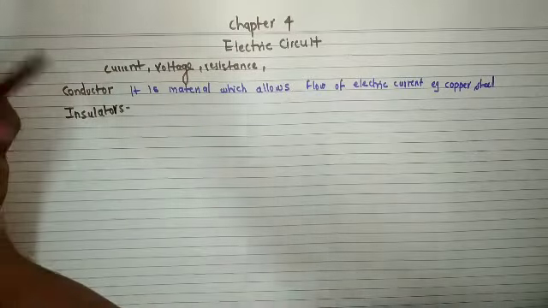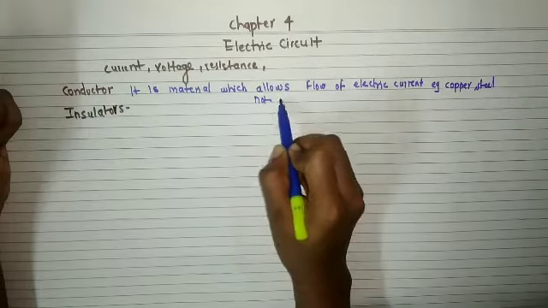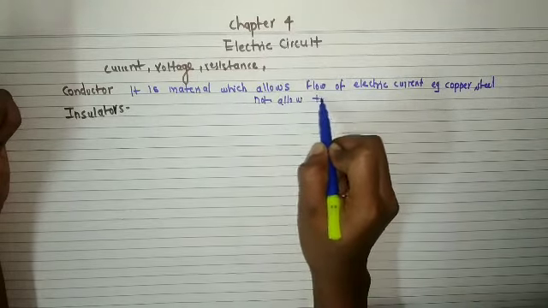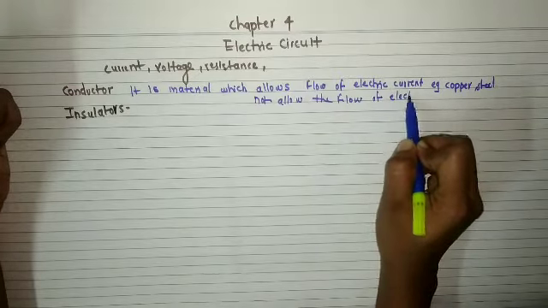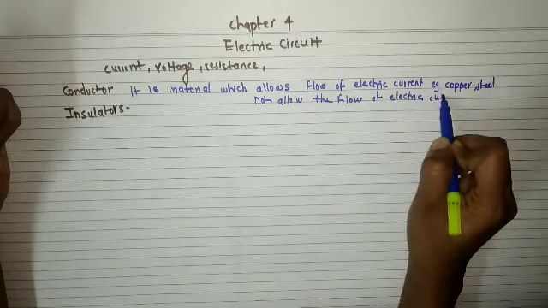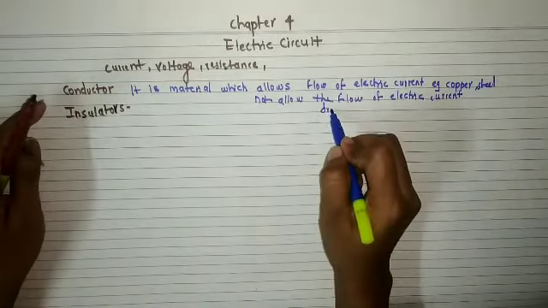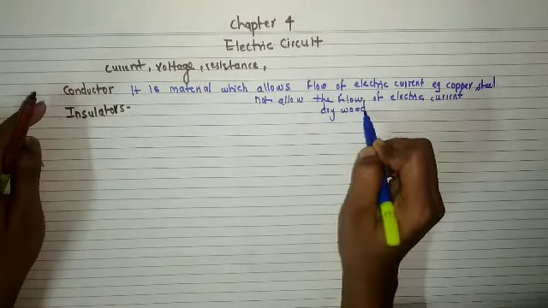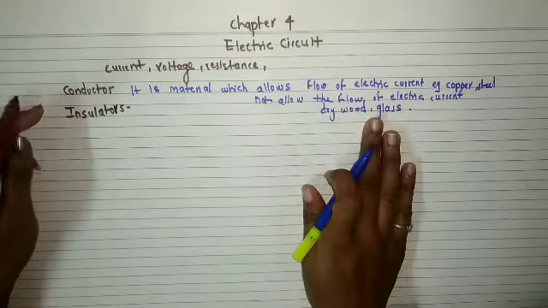Its definition is similar. It is material which does not allow the flow of electric current. And examples are dry wood, glass. Okay, so these are the examples of insulator.